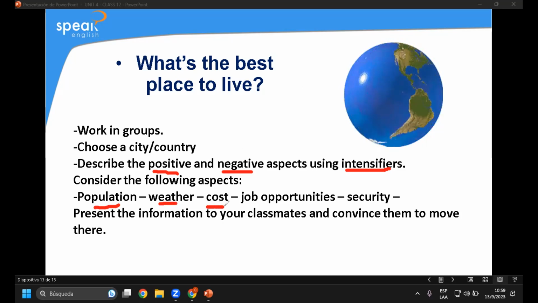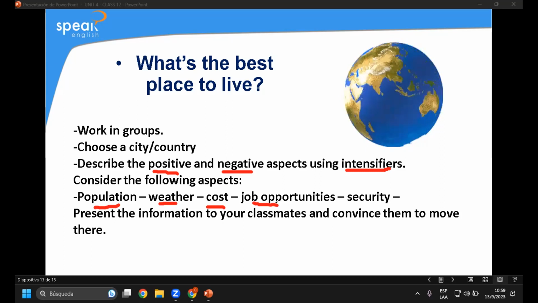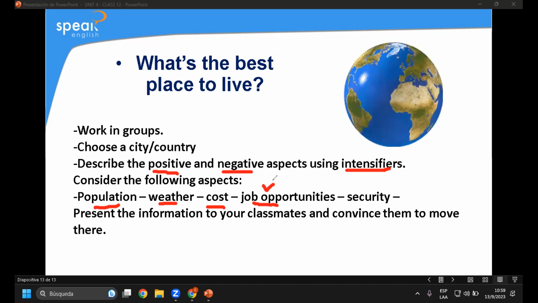The cost: is it expensive or is it a cheap place to live? Job opportunities: can you find a job in that place? For example, you can say Tokyo is a very beautiful place, but is it easy to find a job in Tokyo? Well, we never know. You have to investigate.